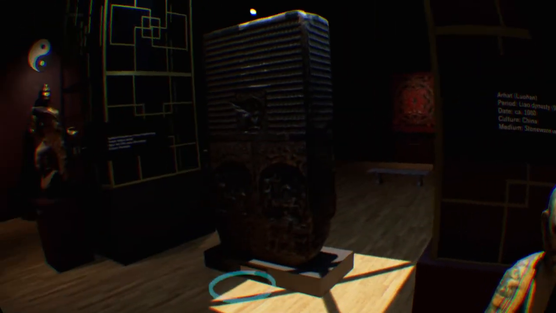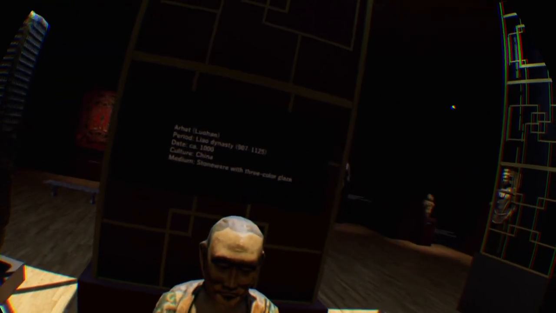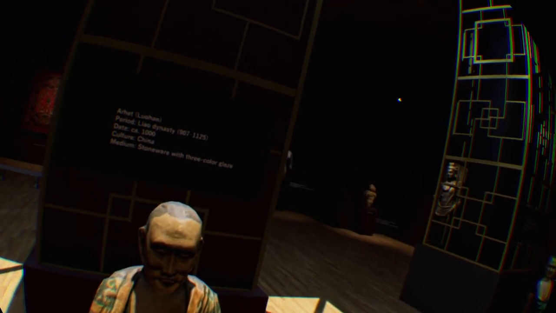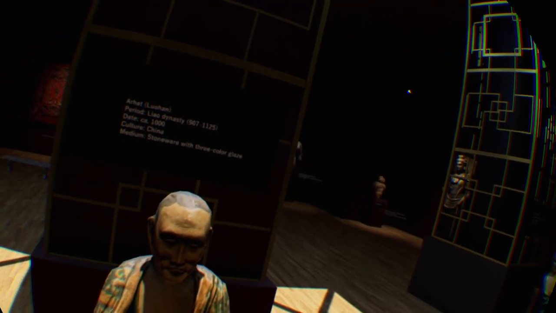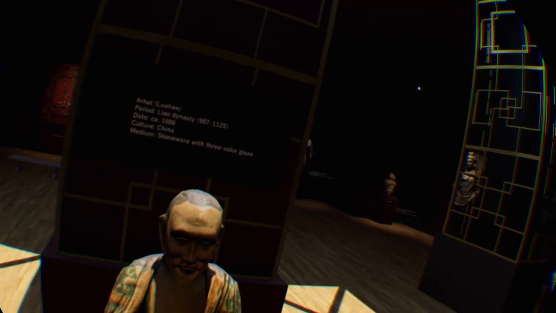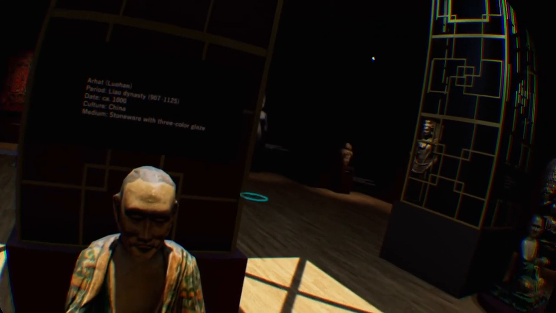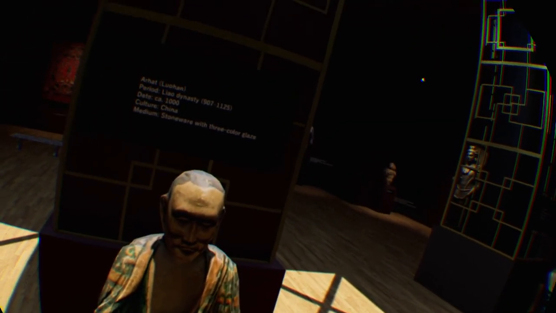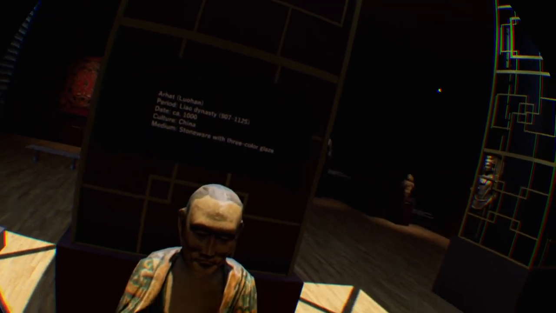You guys are just gonna guess, so I'll help you out. Medium means what was used to make this. If you see a painting, they might say the medium is canvas and oil paint, to let you know that they're making it on a canvas and using a particular type of paint known as oil painting.